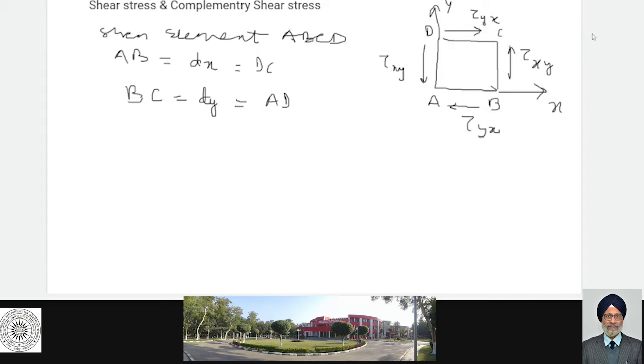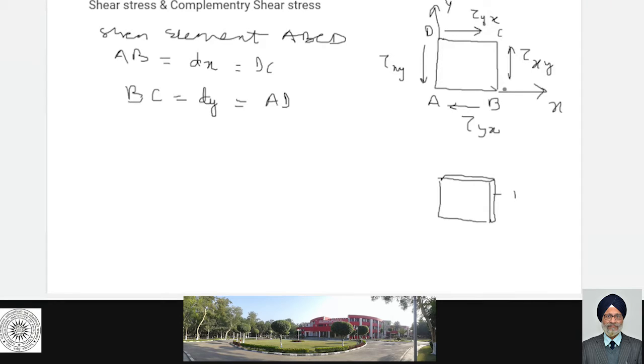Let me draw it again so that the things are clear to you. Suppose this stress element is having a thickness which is equal to 1.